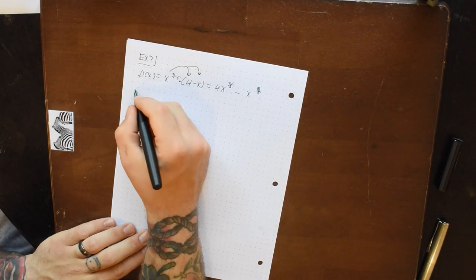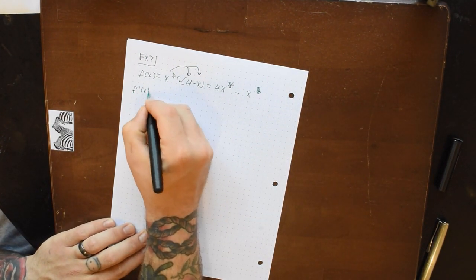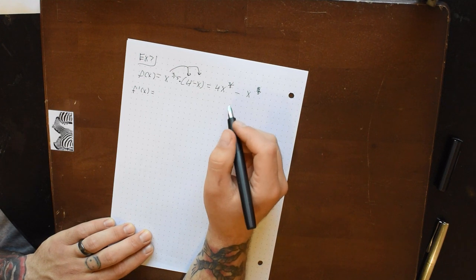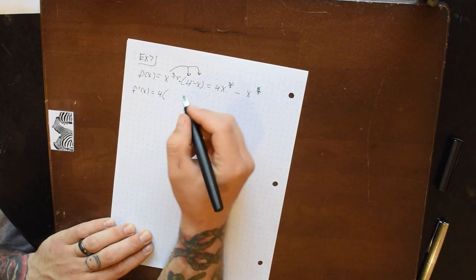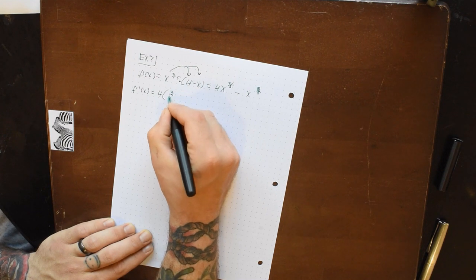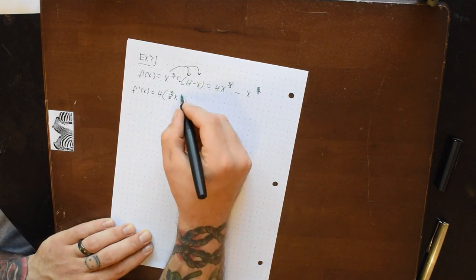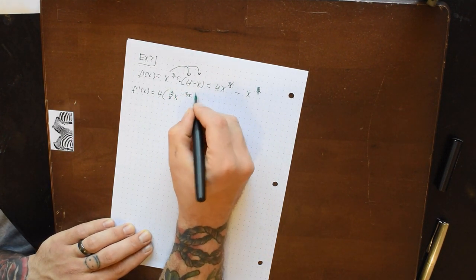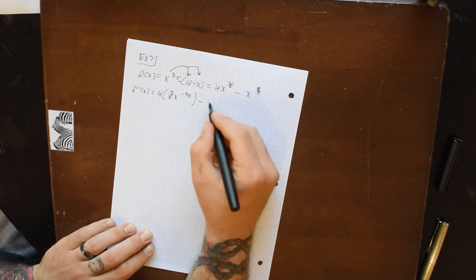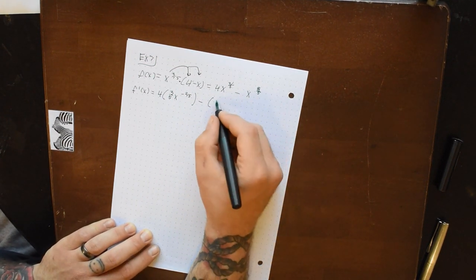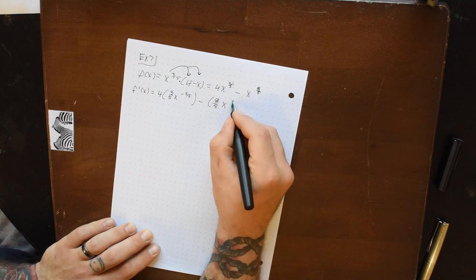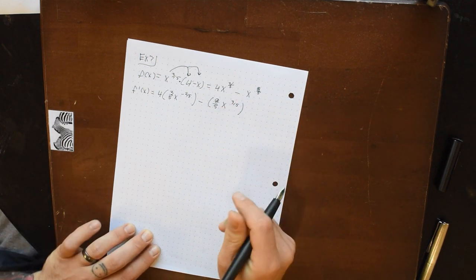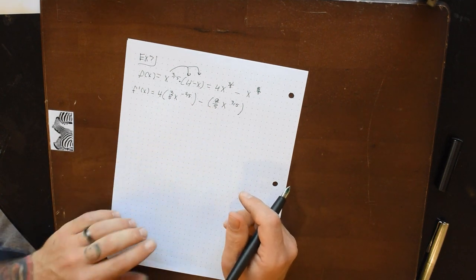Now, when we go to calculate our derivative, f prime of x is equal to 4 times 3/5 of x to the negative 2/5 minus 8/5 of an x to the 3/5. And so this is our derivative.